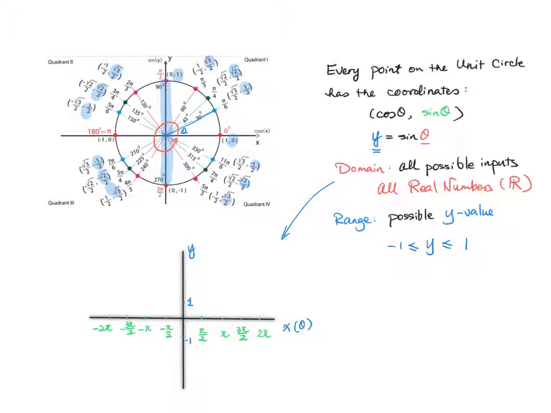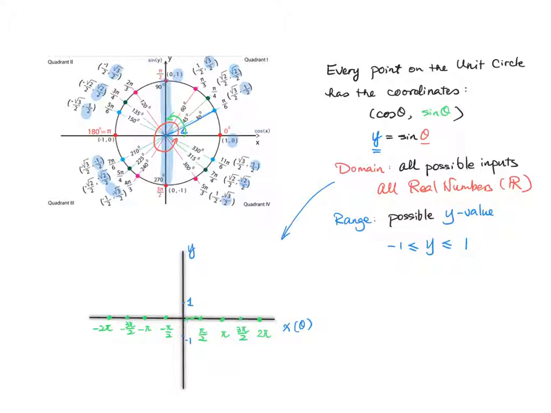So I highlight the 2 pi first, then I cut it into 4 parts so that each quarter is represented by half pi. And I do the same on the negative side. So every half pi, I mark it out.